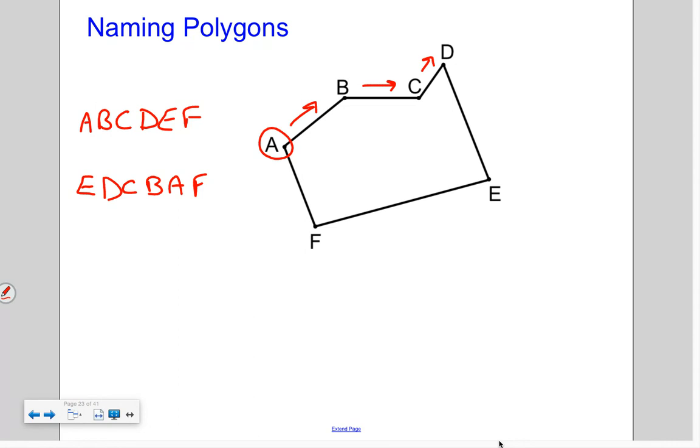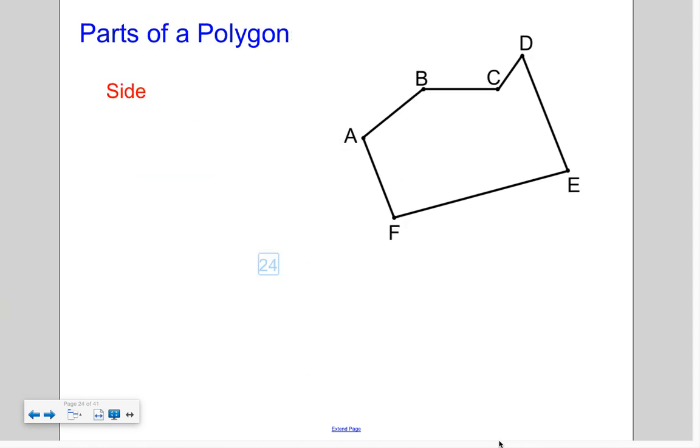Same idea, you could have a scripted F in there and say this is polygon F. You could do that as well. Parts of a polygon, we have sides. Looks like in this case we got 1, 2, 3, 4, 5, 6 sides.